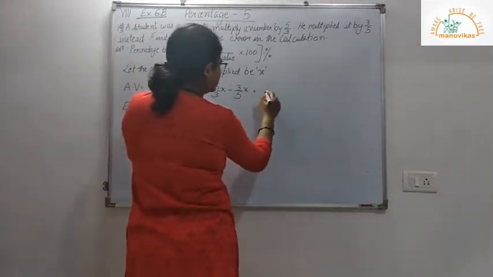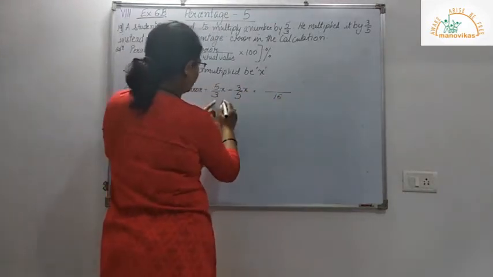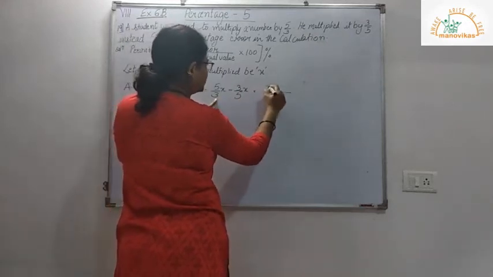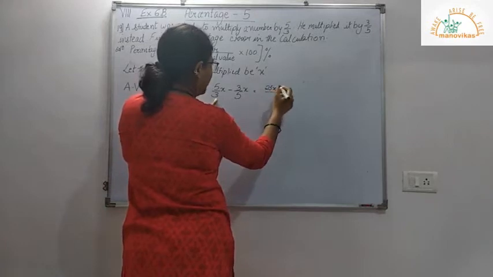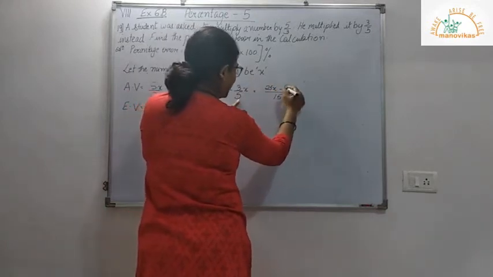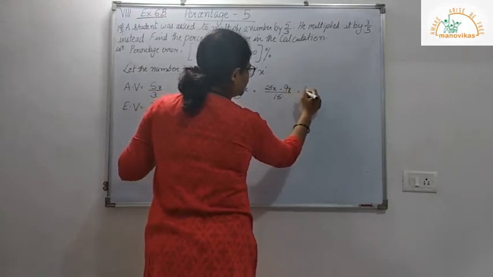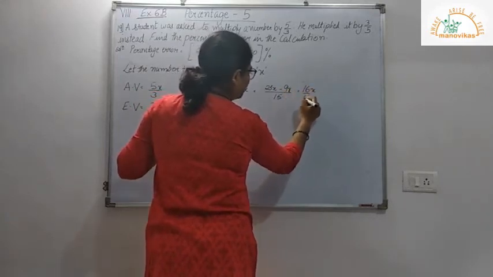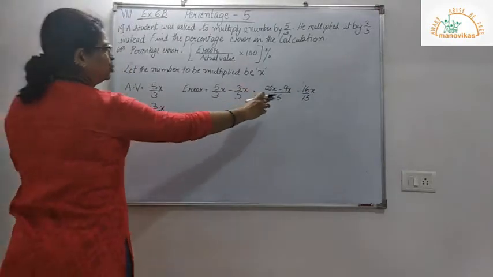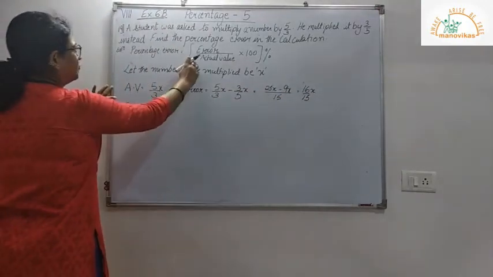So I get it as LCM is 15 over here. So 15 divided by 3 gives you 5. 5 into 5 is 25x minus 15 divided by 5 is 3. 3 into 3 is 9, 9x, which is equal to 16x upon 15. So this is my error. Now we substitute this error in the formula.